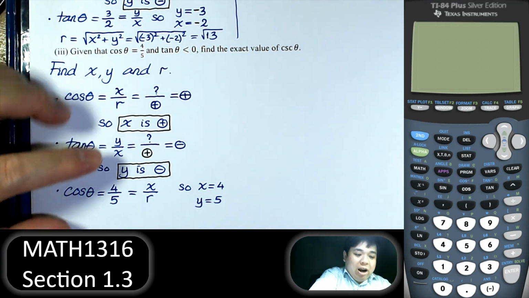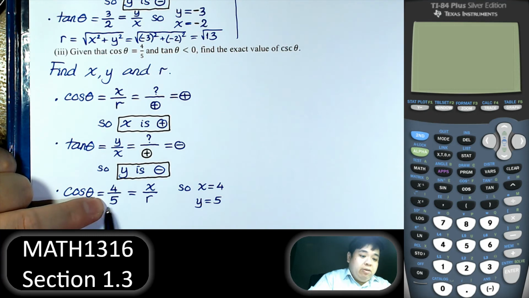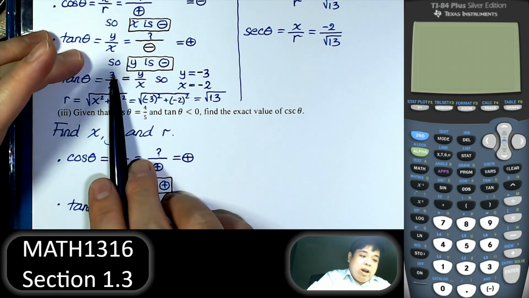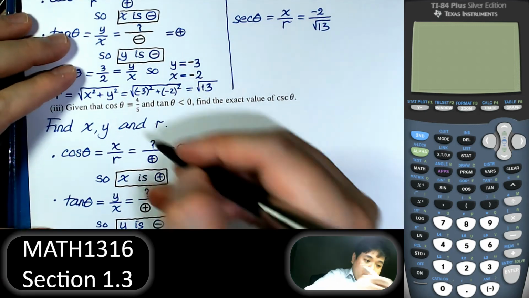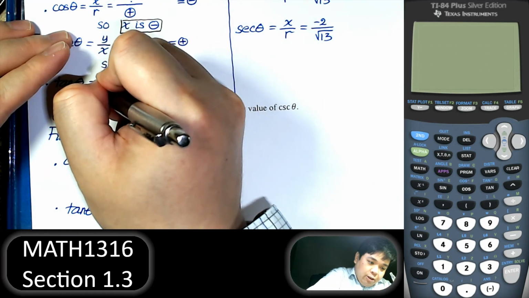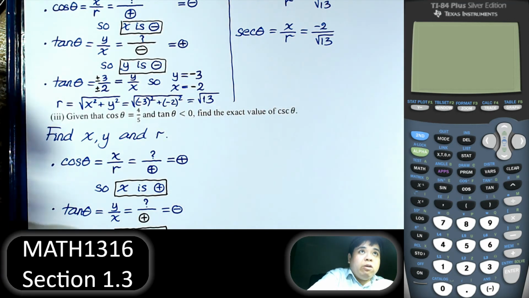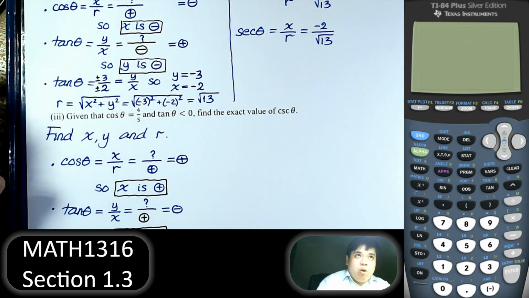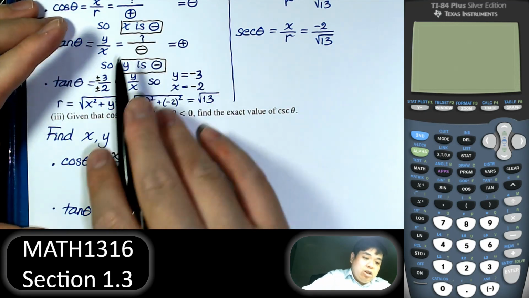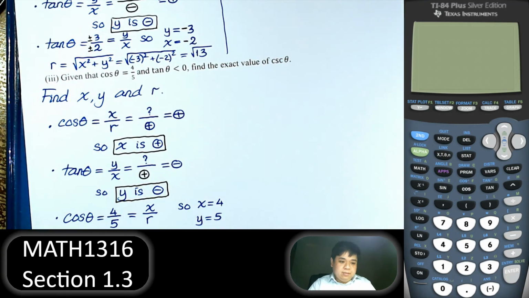There's no other way around. R has to be positive 5 and x has to be 4. Unlike the previous problem, where we can choose both of them to be positive or both of them to be negative. That's why I prefer to work with sine, cosine, secant, and cosecant, because there is a value I know for sure.